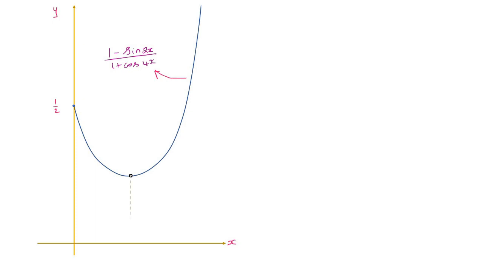Then you can see pi by 4, this is 1 by 4. See, from the graph you understand that as x approaches pi by 4, the function approaches 1 by 4. That is, the value of the limit is 1 by 4. Okay, thank you.